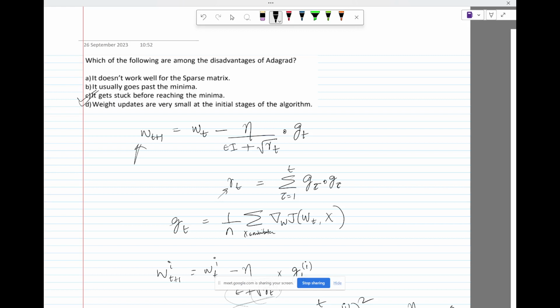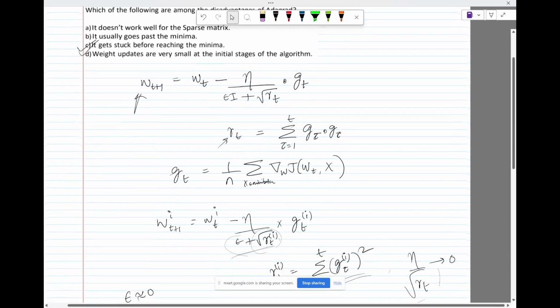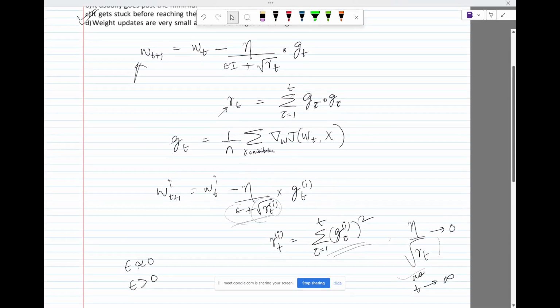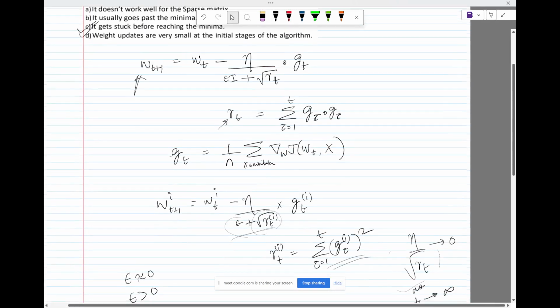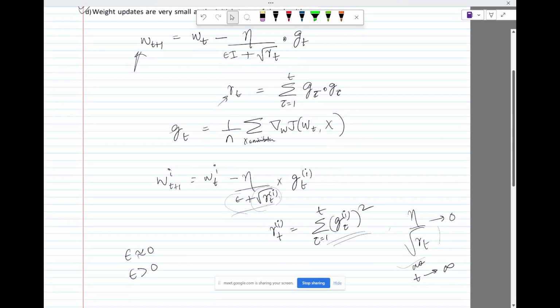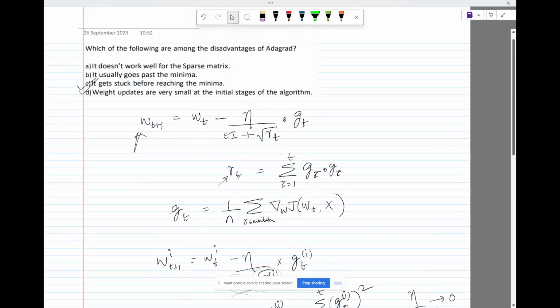If you look at the other option, it doesn't work well for sparse matrix. I mean, in sparse matrices, each of your terms will be scaled differently based on the accumulated gradients, right? So we have no reason to assume that it won't work well for sparse matrix.